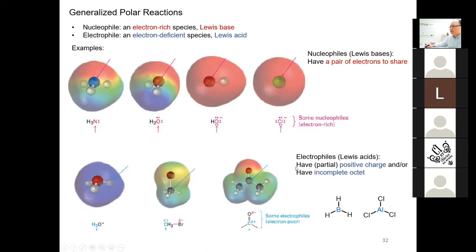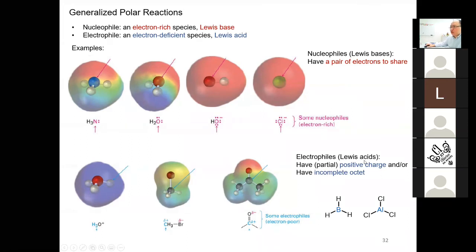They usually have a positive charge, like this hydronium, right? It's a proton, and it's positive. It's ready to accept the electrons. Or they have a partial positive charge.